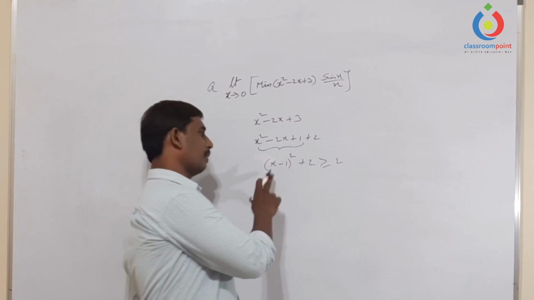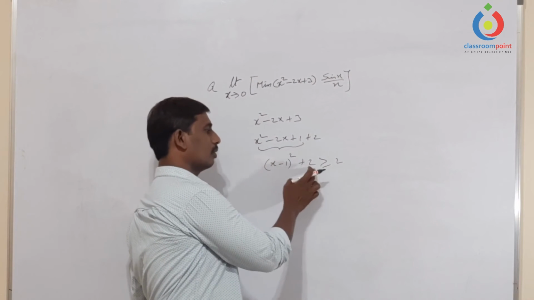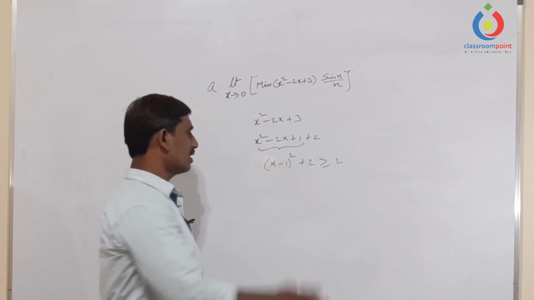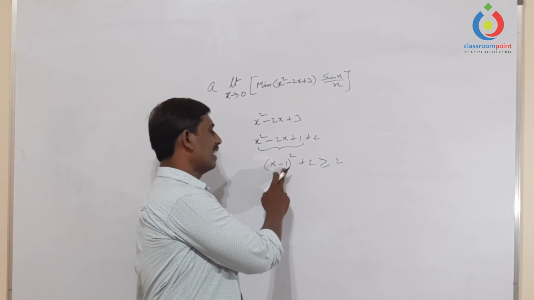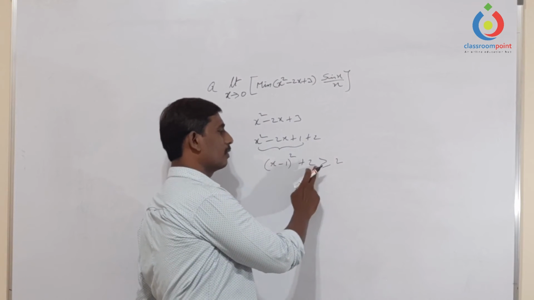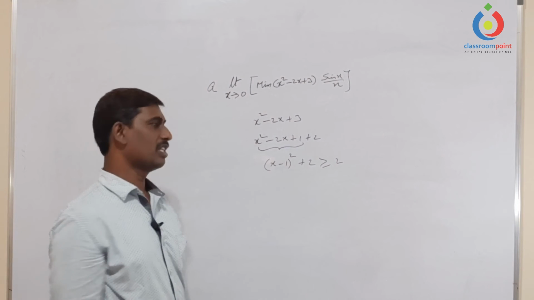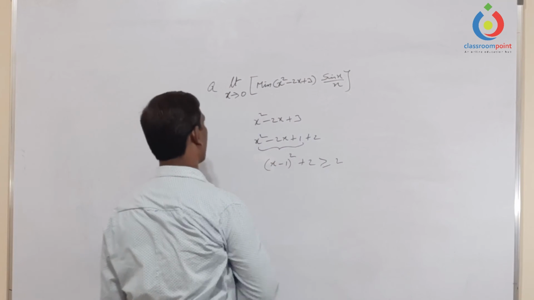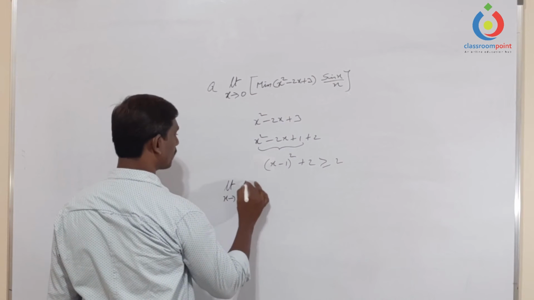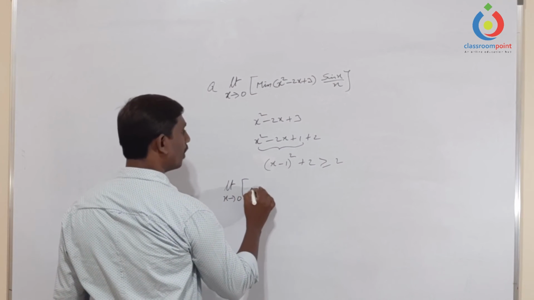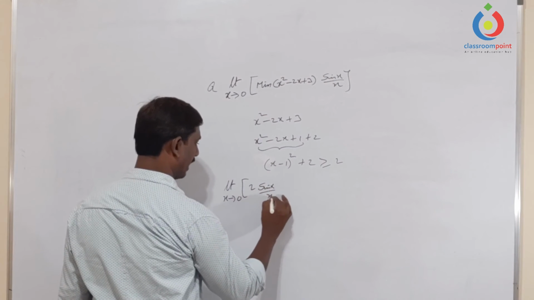How to get it, sir? In the place of x apply 1, then this is 0 and the value is 2. If you take any other value of x, say 0, then 0 minus 1 whole square is 1, and 1 plus 2 is 3, which is above 2. That means the minimum is 2 here. So limit x tends to 0, integral part of minimum 2 into sin x by x.